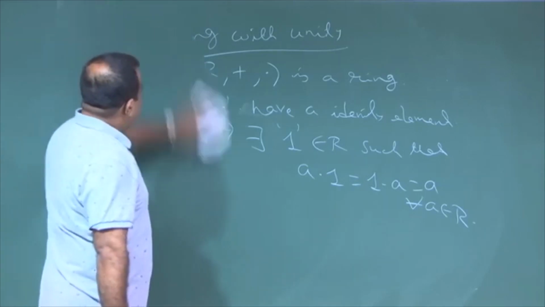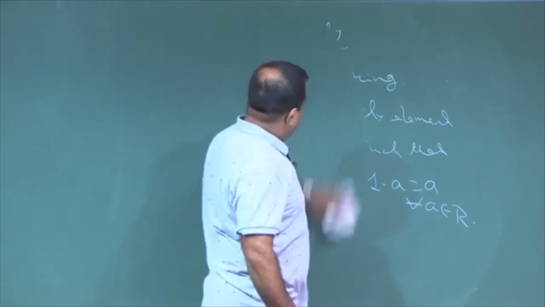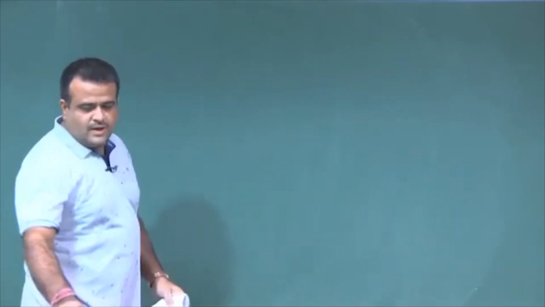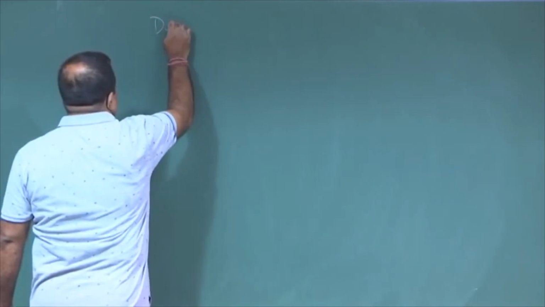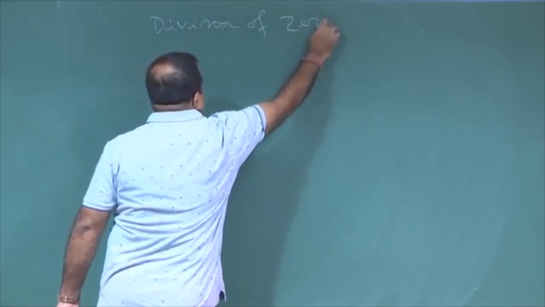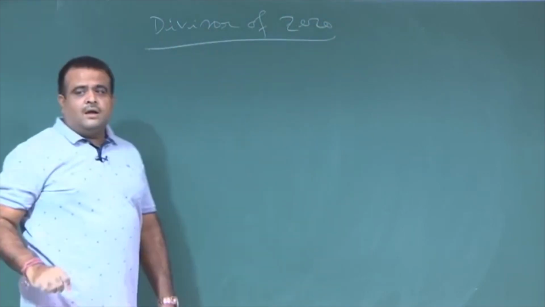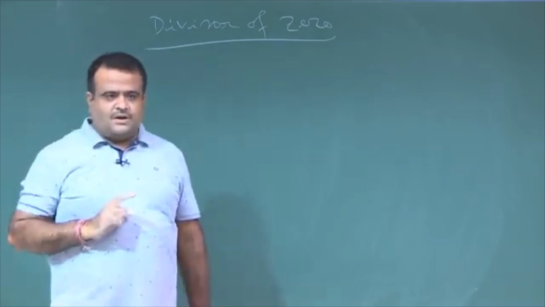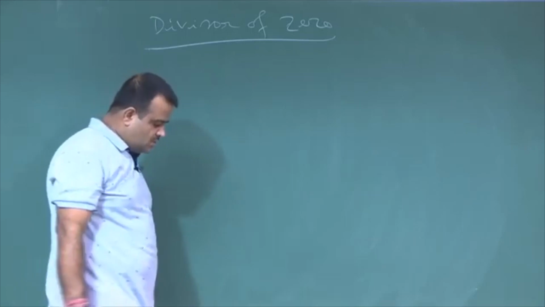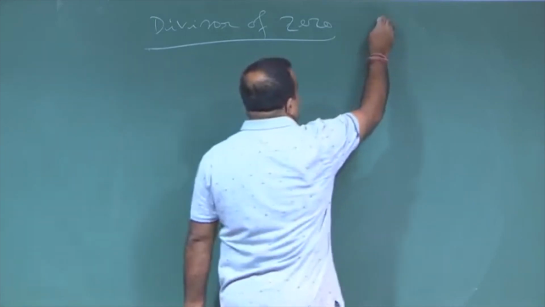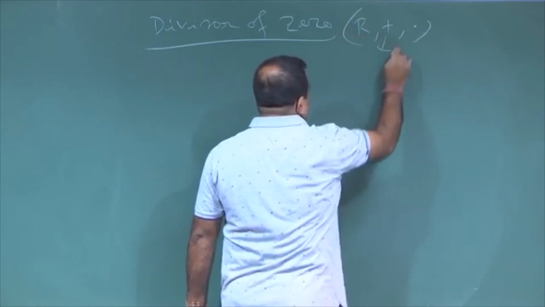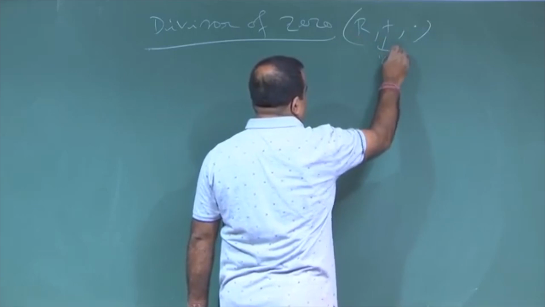Now we talk about divisor of 0. 0 is the additive identity of the ring, because we have R with plus, so 0 is the additive identity of this group.